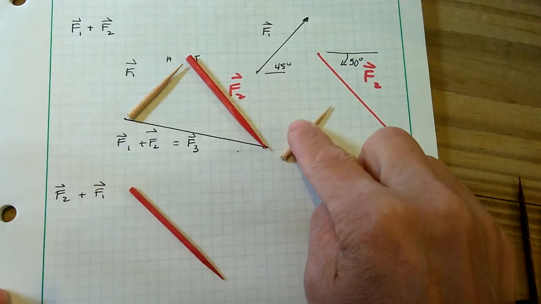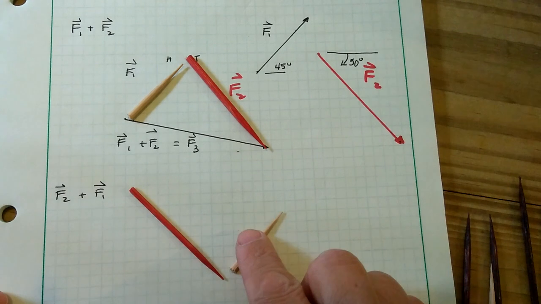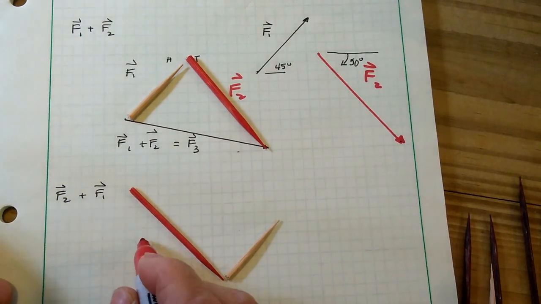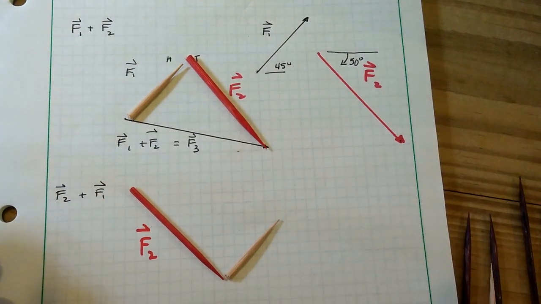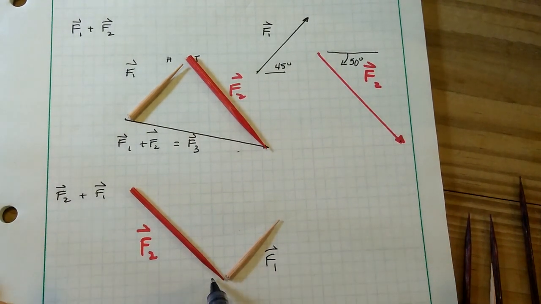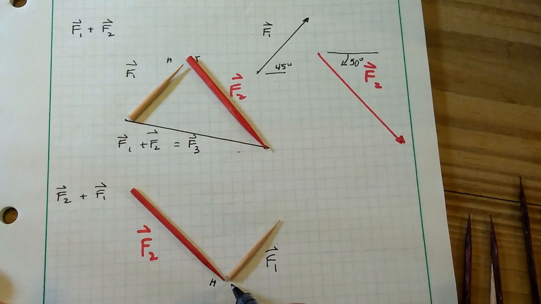So again, I can translate it, and as long as I can keep it at that 45-degree angle, I'm good. So here we have the force 2 vector and the force 1 vector, and I have the head and the tail touching one another.